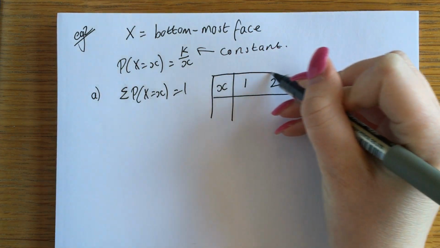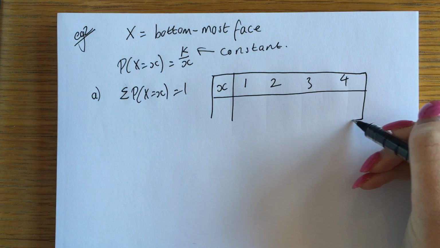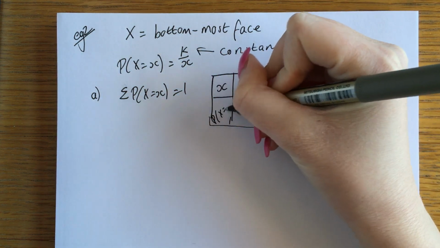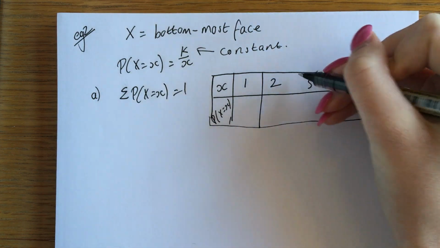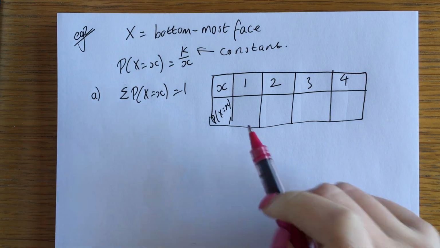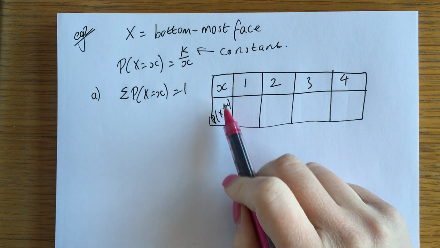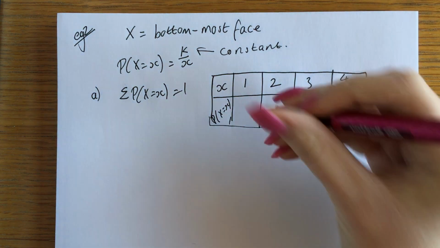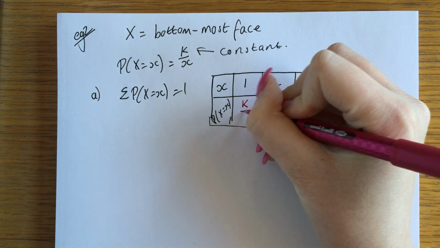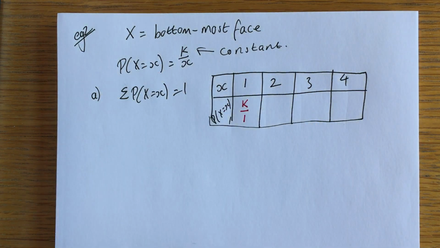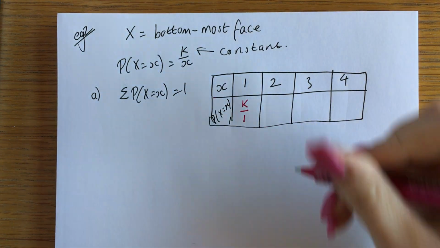So I'm just going to do a rough probability table to work out my value of k. So the probability that x is equal to 1 is k over 1, because we know the probability of each one is k over x. Obviously we can simplify that later.